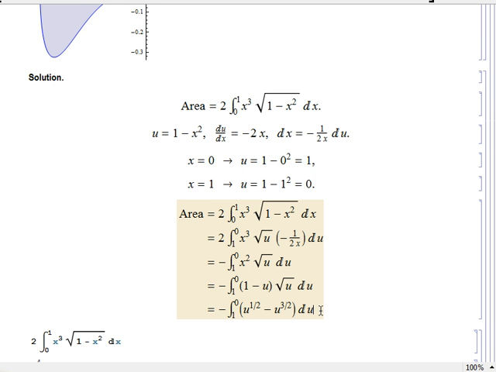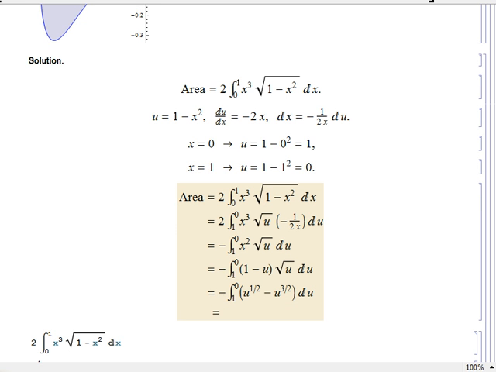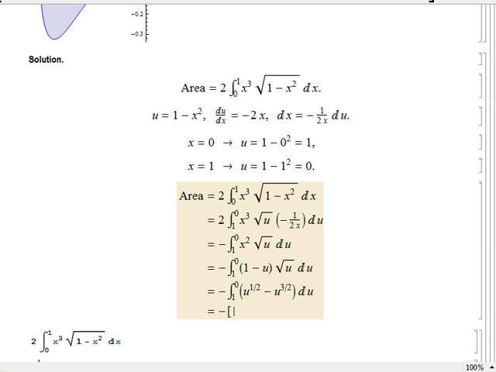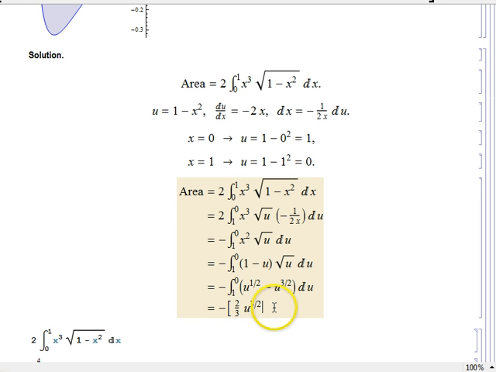Okay, now we are ready to apply the antiderivative formula, the power rule actually. So add 1 to the power and then take the reciprocal. Add 1 to the power and then take the reciprocal. Oops. Does it look right? Looks like everything is okay.